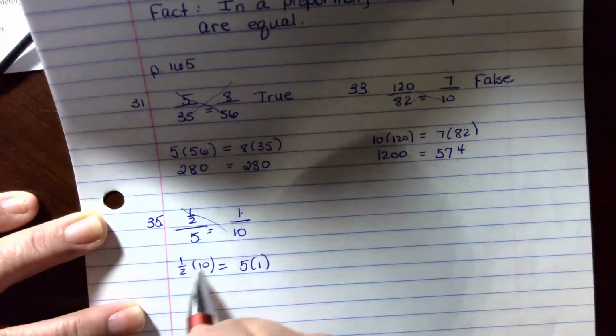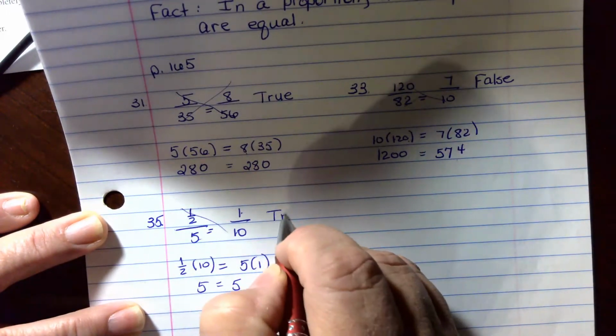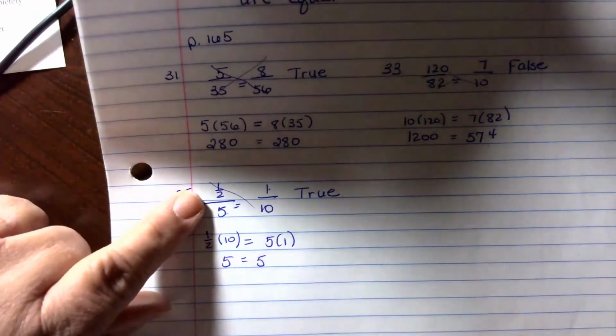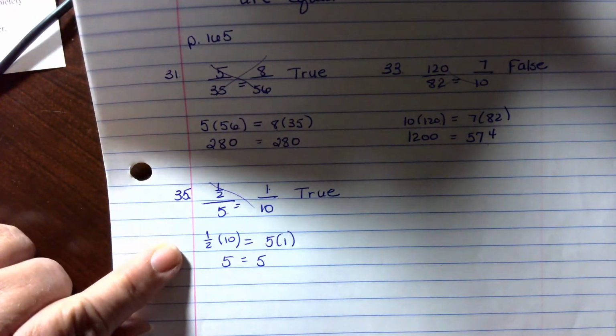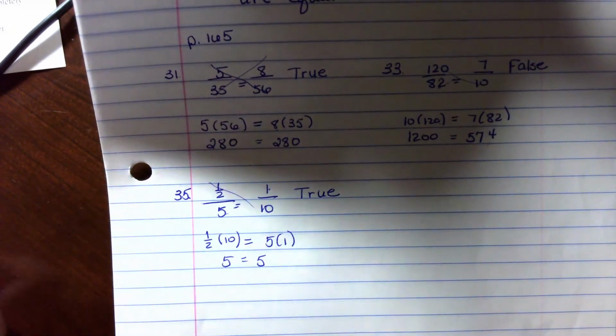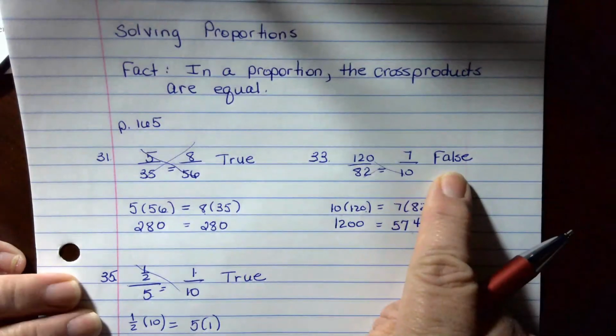And 1/2 of 10 is 5, and so this one would be true. So in this group of problems, if the cross products give you the same answer, it is a true proportion. If they don't give you the same answer, then it's a false proportion.